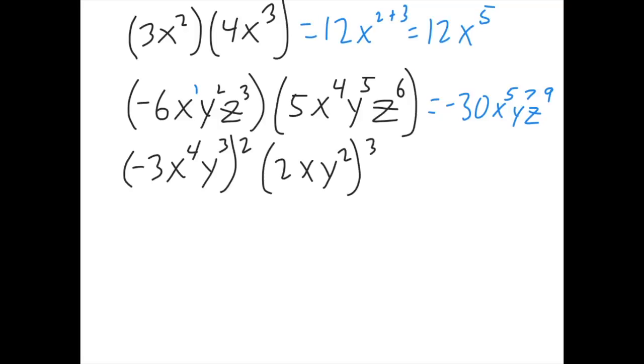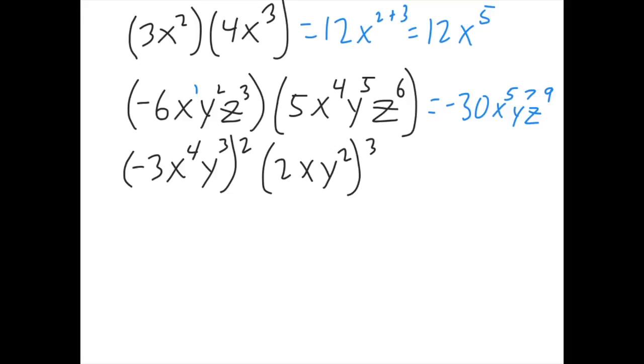Alright, this one will take a little bit more time. First we want to look at, we have a monomial being raised to an exponent and another monomial being raised to an exponent. So first, we need to raise each of these to their respective exponents.